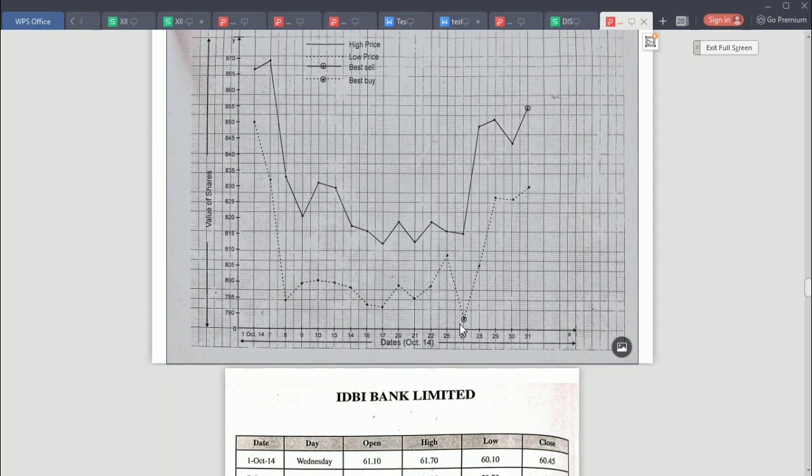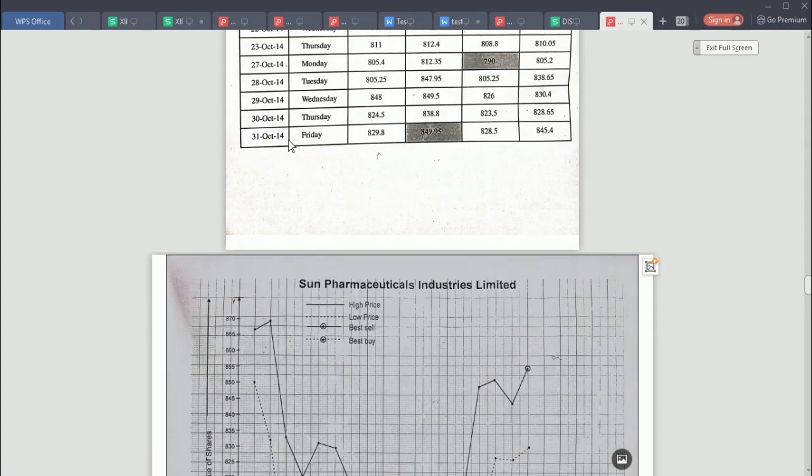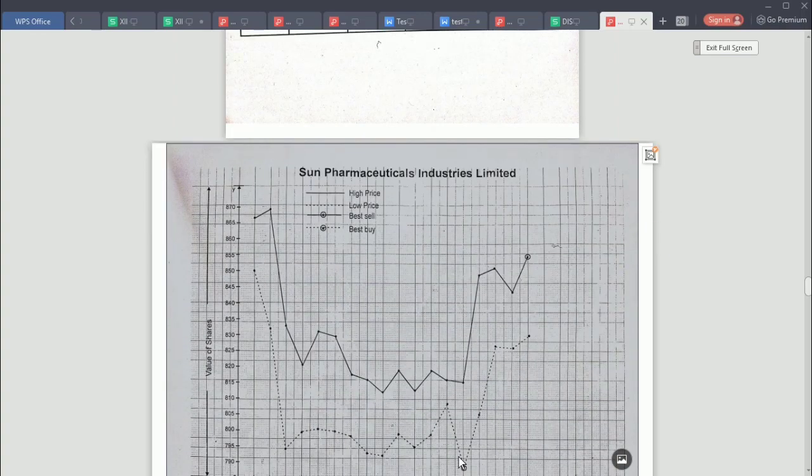I'm putting a small circle on this value, 790 rupees on 27th. And 31st, as it was the highest rate, is also highlighted here. So I need to distinguish it in this line graph. This is 849 on 31st October, again a small circle on this figure. This is the highest price and that was the lowest price.